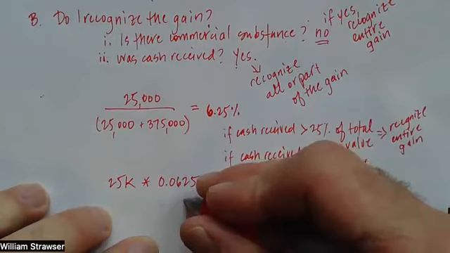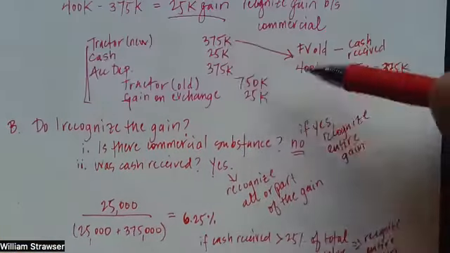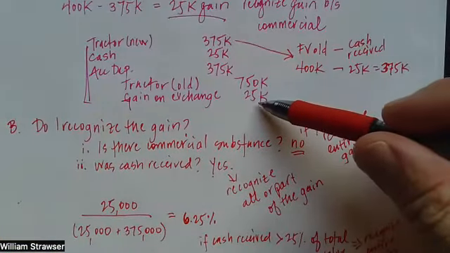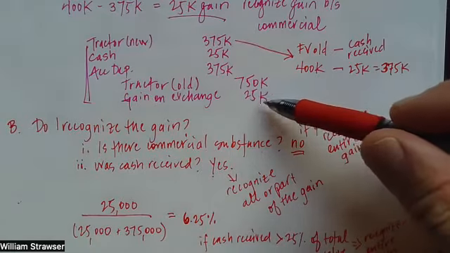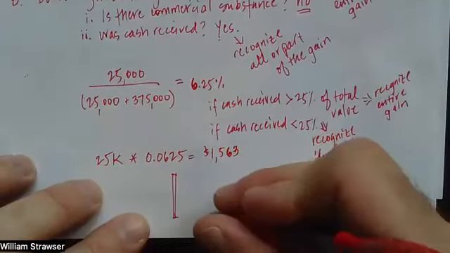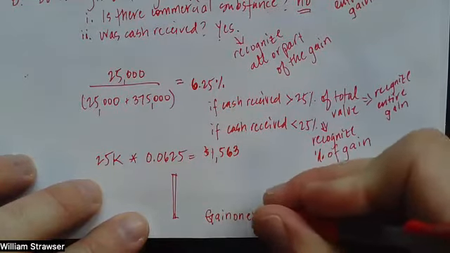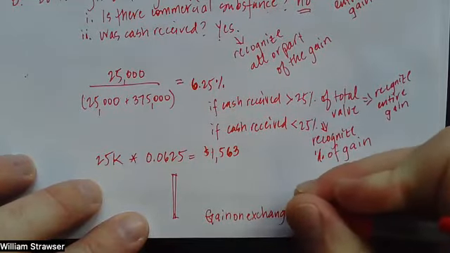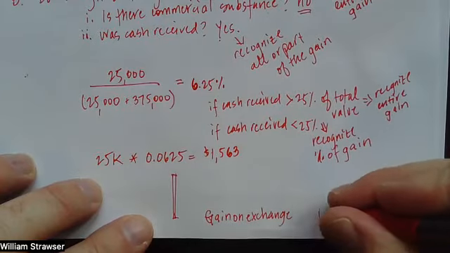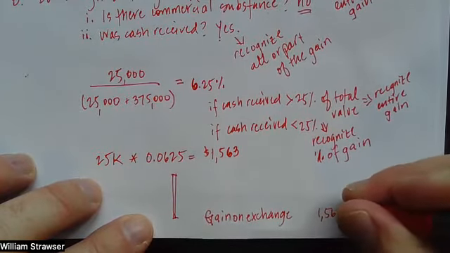Everything else would stay the same. Of course, something has to change because I can't just plug in 1,563 here. The only other thing that can move is how I value the new tractor.